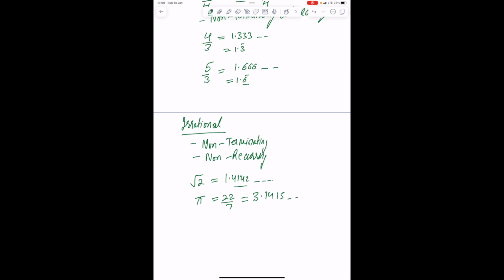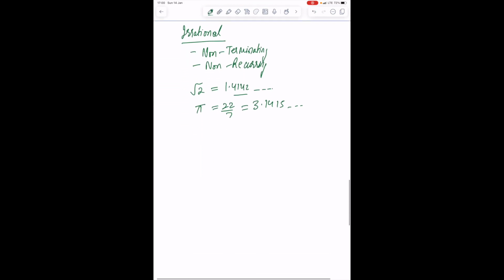This also keeps on going. It is non-terminating and non-recurring. So from this, we understand that there are rational numbers in the decimal form and there are irrational numbers which are of the decimal form, and these together are what we call real numbers.